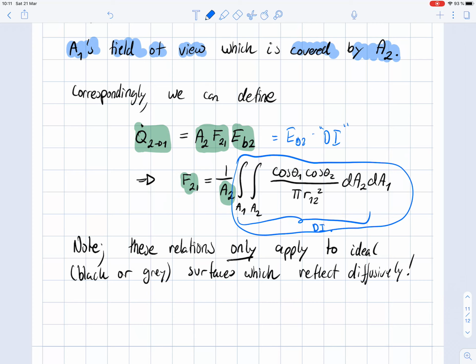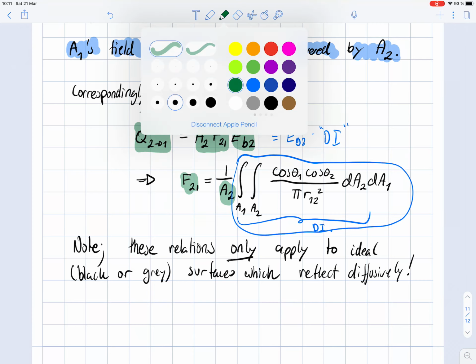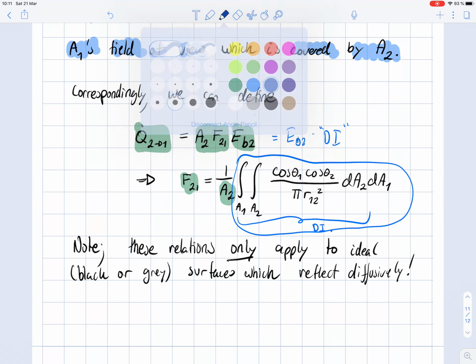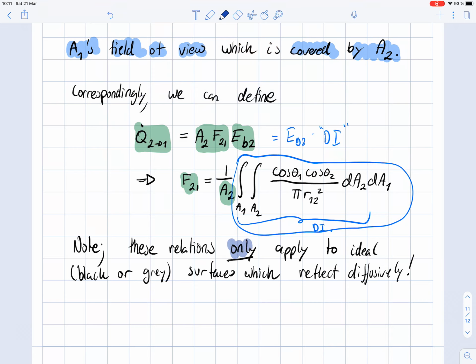And in the end, we have to remember that the relations that we have been developing, so the view factors that we will use in the next week, only apply to ideal or semi-ideal surfaces, that is, surfaces that are black or gray. And they have to reflect in a diffusive manner rather than a specular reflection.